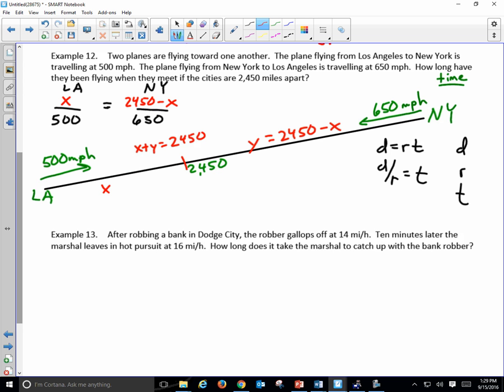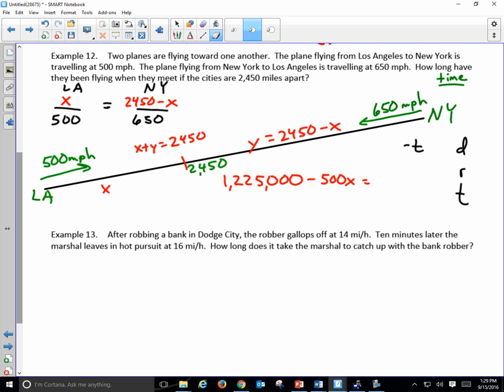500 times 2,450 is 1,225,000. It's like my bank account. Minus 500x equals 650x.